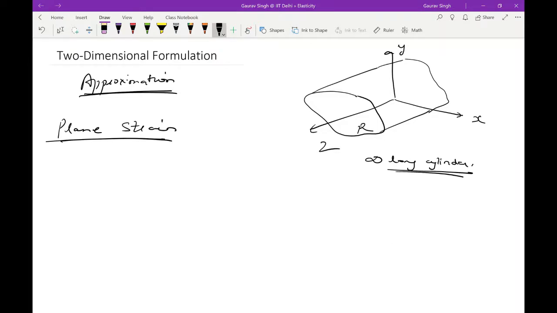Obviously that infinitely long part is in the Z direction.